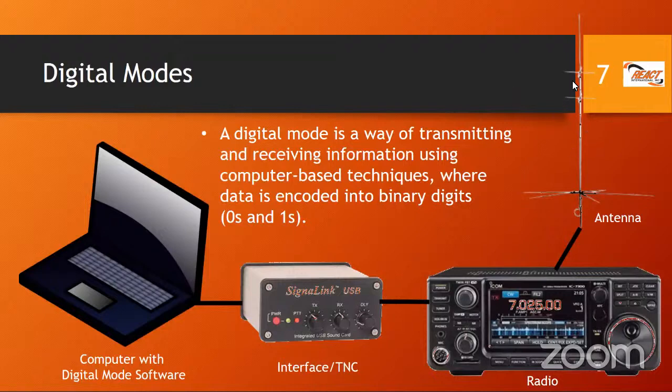That radio signal leaves the antenna, goes off into the air, and is propagated until it is collected by another amateur radio operator's antenna, and the reverse occurs. It goes to the radio and it sends the signal to the computer, and it's decoded, and you'll see the information that was sent by the sender on the receiver's computer, the text or whatever is being sent as information.